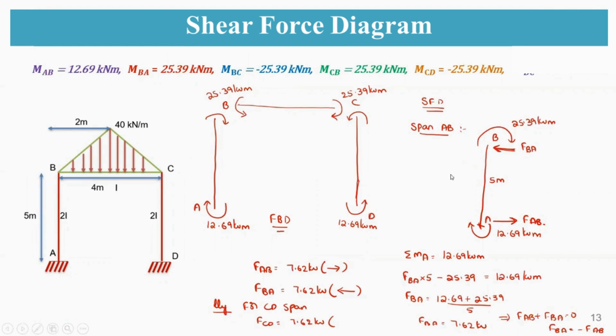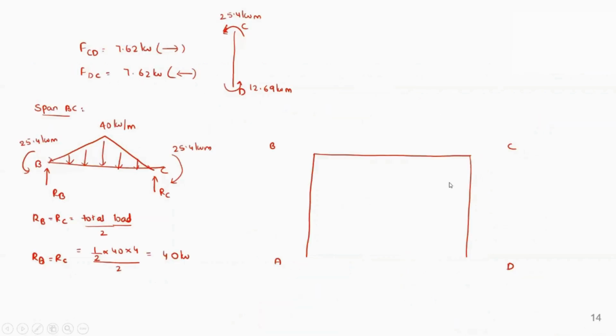So both are having the anti-clockwise shear, which means a negative value only. So that is 7.62. Here also at CD, this is also 7.62. Whereas for this, you are having a positive shear about this point.